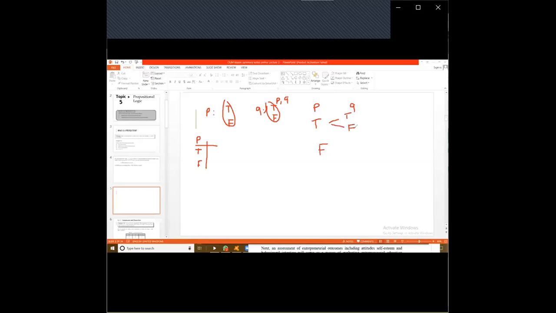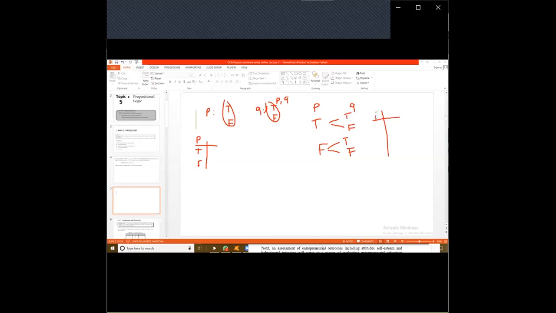And given that the first statement was false, the second could also be true or what? False. So at the end of the day, we'll have the truth table for two statements looking like this.